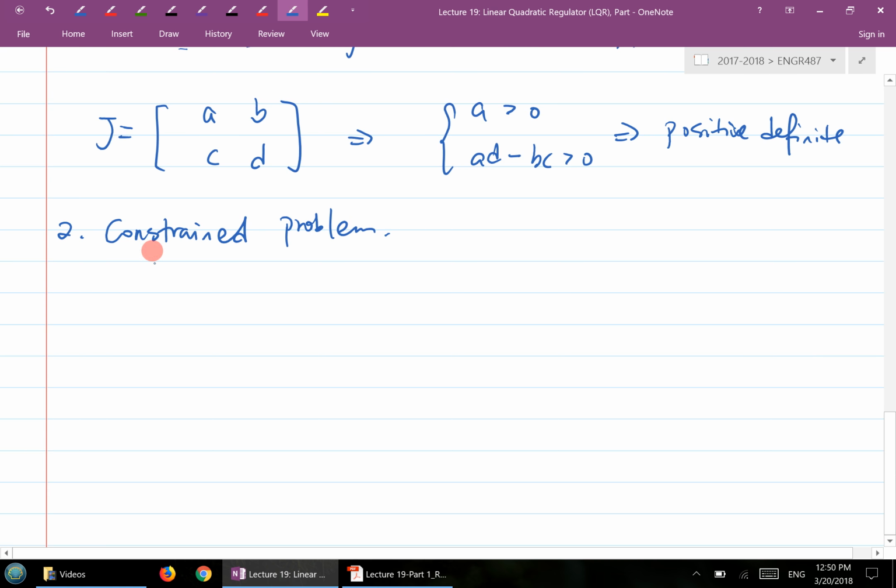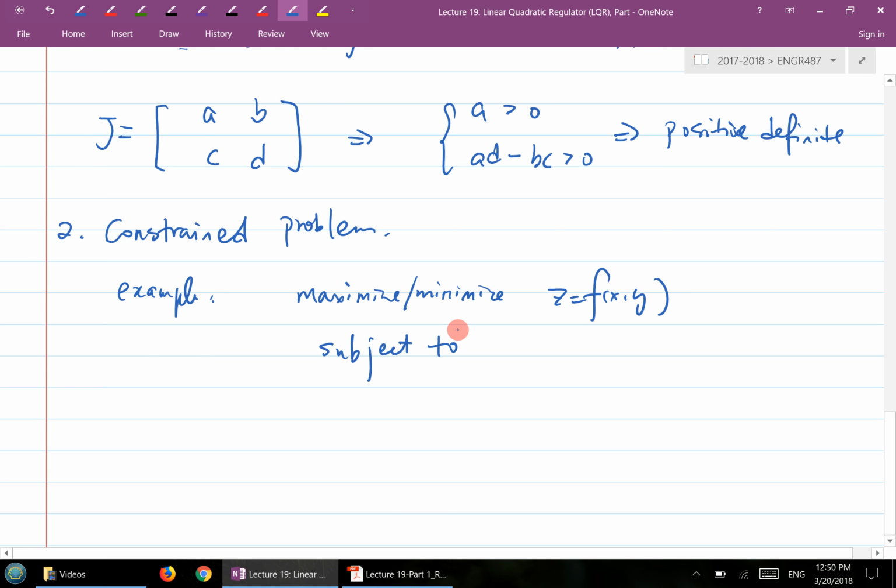For the formulation, let's say we want to maximize or minimize a function of two variables, f of x, y.